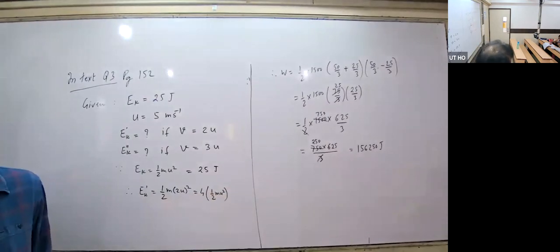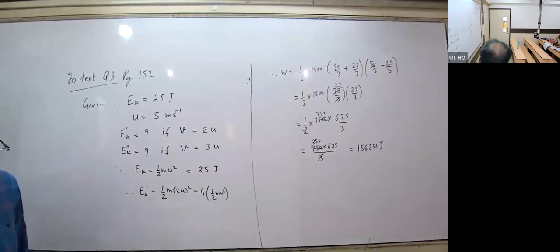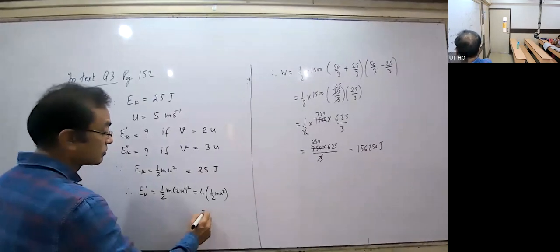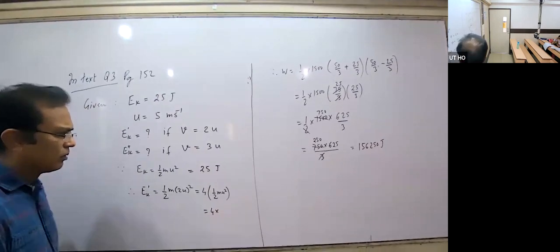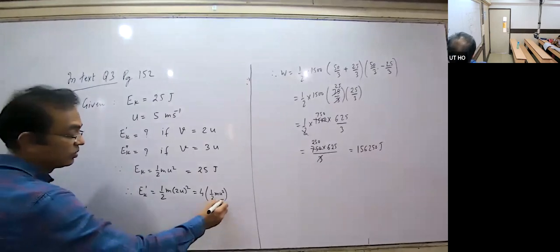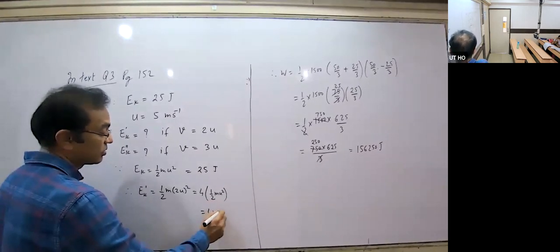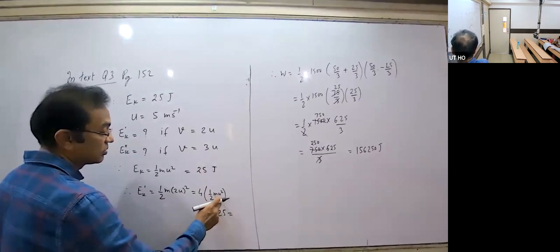4 times 1 by 2 mv square. Right? So sir, can we do this? That means first we have the kinetic energy and the velocity of the object, so from that we will find the mass. You can do that way also. But here I already know the energy, so it becomes 4 times. In the next case, it will become 9 times.